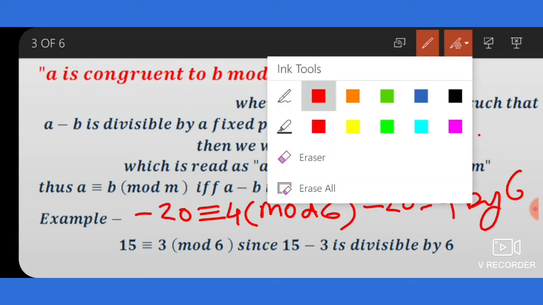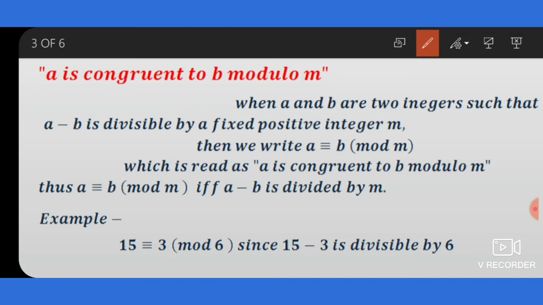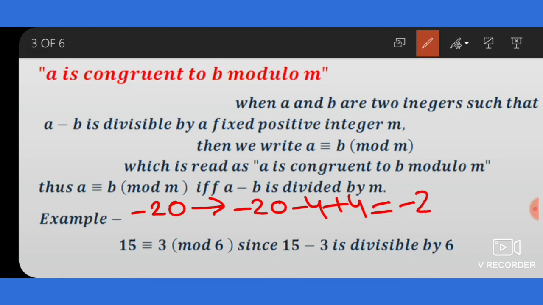So minus 20 can be written as minus 20 minus 4 plus 4, equal to minus 24 plus 4. Minus 24 is divisible by 6 and the remainder is 4.